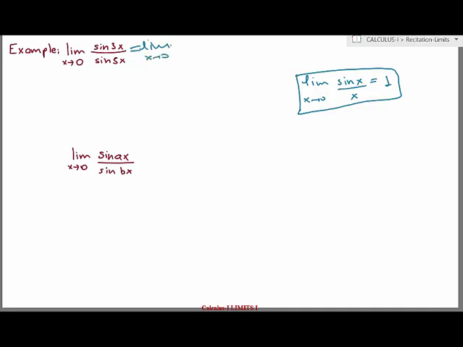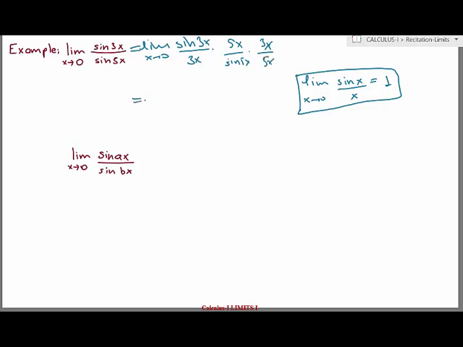When x tends to 0, I rewrite the expression as sine 3x over 3x times 5x over sine 5x. Since I divide the expression by 3x and multiply by 5x, I multiply all this expression by 3x over 5x.